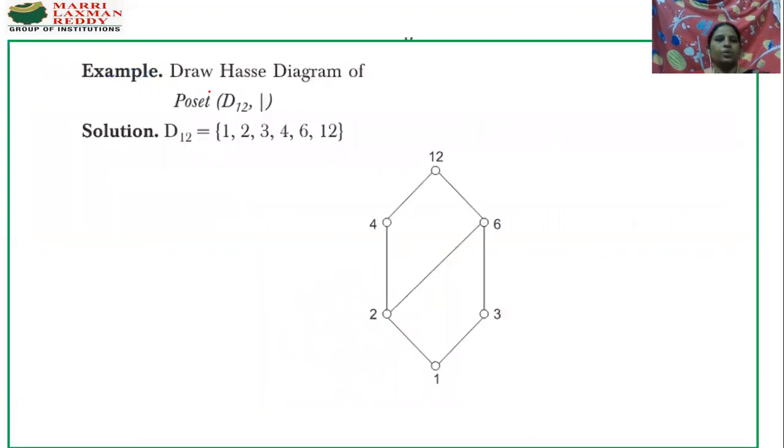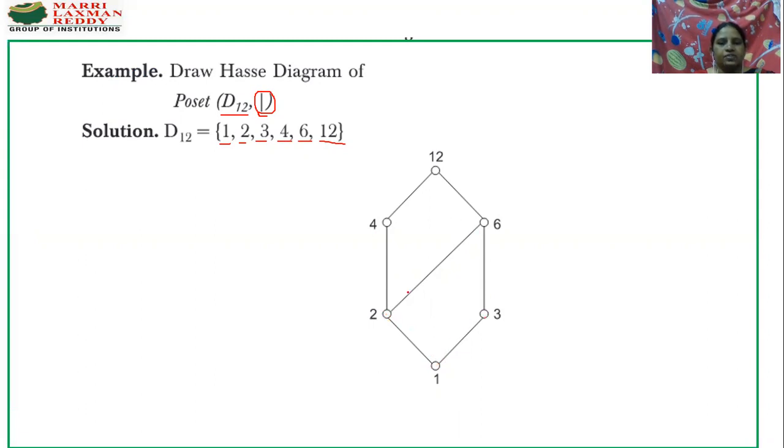Consider another example. Draw the Hasse diagram for the poset D12, the division. This is the division. What are the possible divisors of D12? So 1, 2, 3, 4, 6, 12 are the divisors. So again, 2 divides 1, then 3 divides 1.